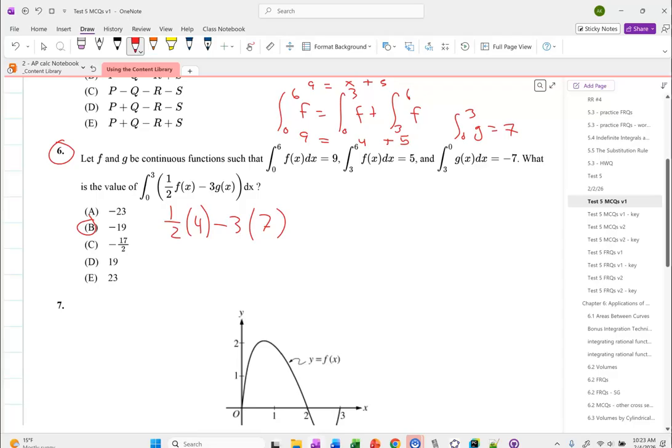So the tricky part was getting the integral from 0 to 3 of f, squeezing that out of there. But these are classic AP multiple choice style questions where we're hooking stuff together.